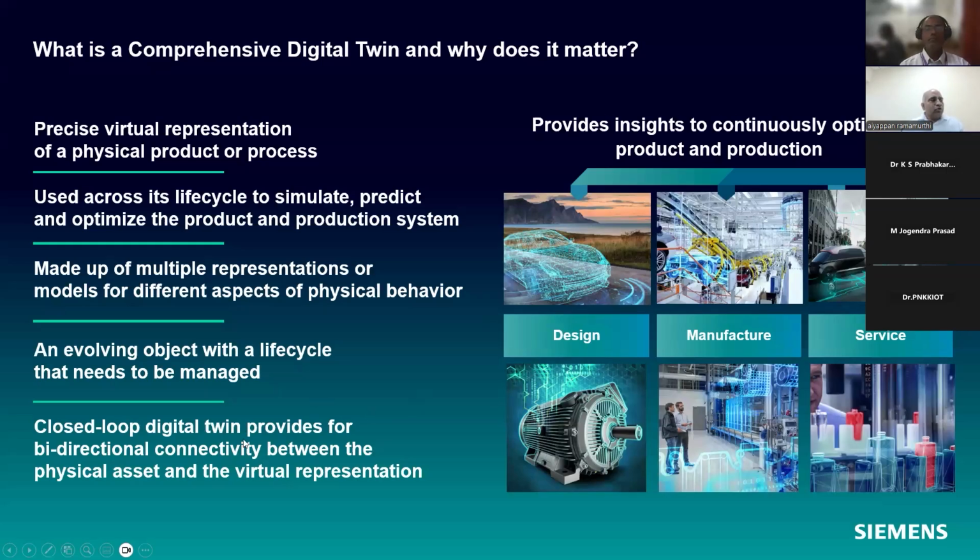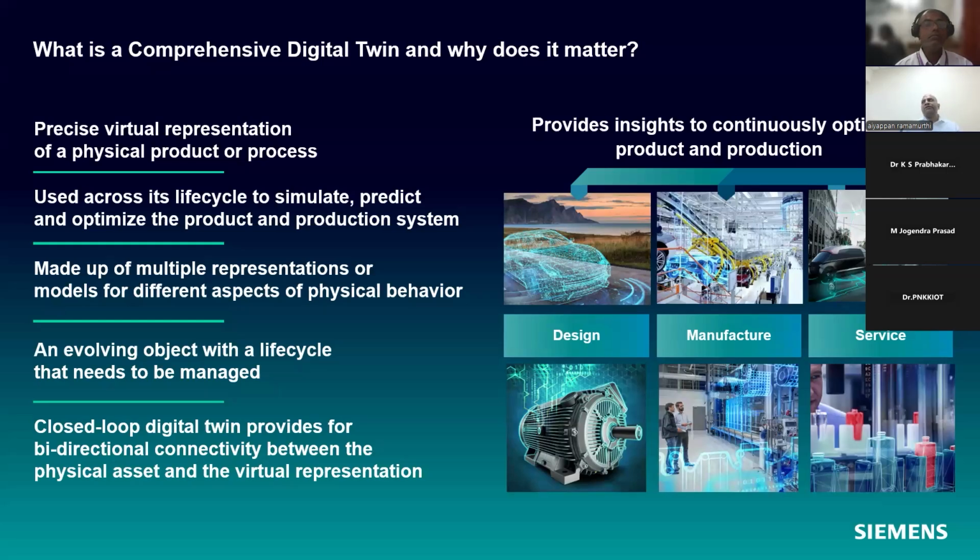And closed loop digital twin. A digital twin need not be just digital. A lot of people come with an understanding that, okay, I have my motor running, or I have my plant running, and I connect all the sensors into the cloud or into an automation system or a historian, and I create analytics out of it.